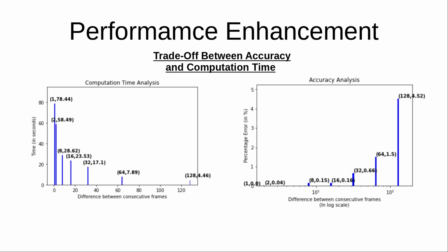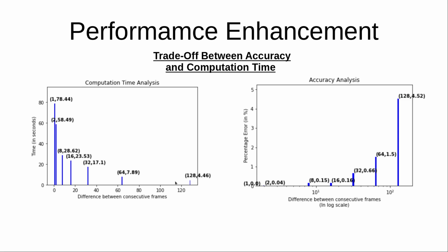While calculating distance, if the difference between consecutive entries is taken to be 1, the number of computations is more, and so is the computation time. But as we increase the difference between the entries, the computation time reduces significantly.